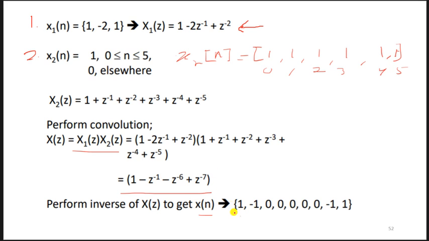Let me write here: 0, 1, 2, 3, 4, 5, 6, 7.